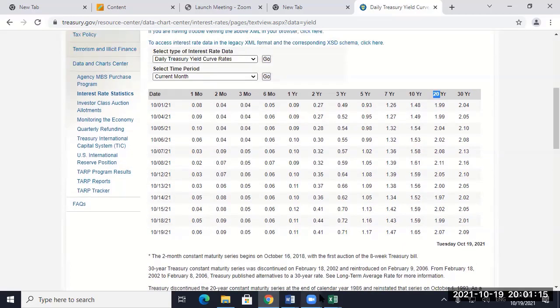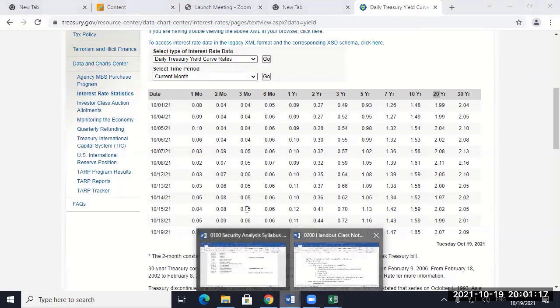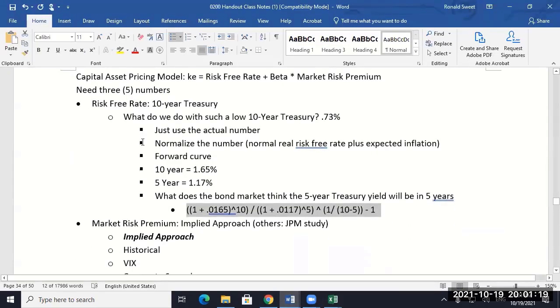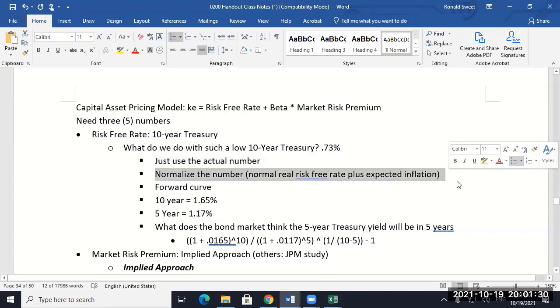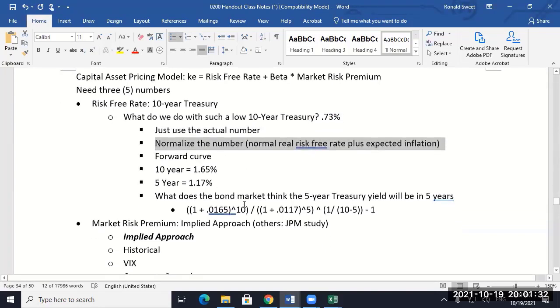All right. So there's a couple of approaches there. You've got to justify each one. So do you use the actual number? That's fine. But put some words behind it, and that's where Dan Modern can help you with that. Normalize it. I don't like normalized anymore. But the normalized says the 10-year treasury should be somewhere in the neighborhood of real and nominal GDP growth.